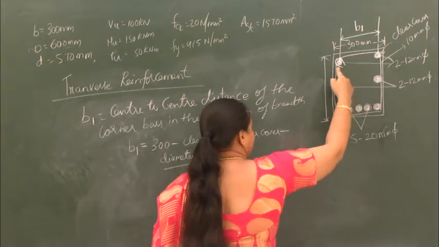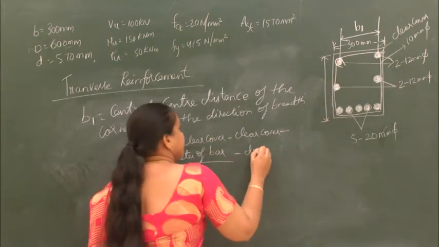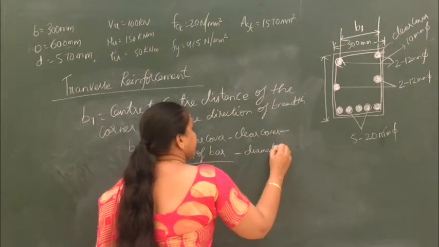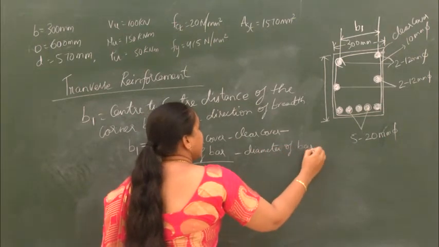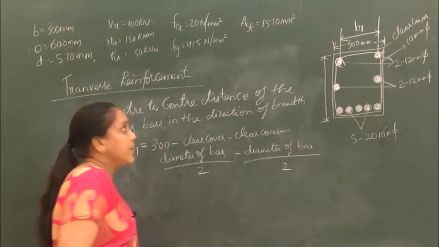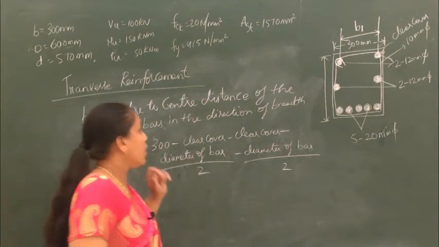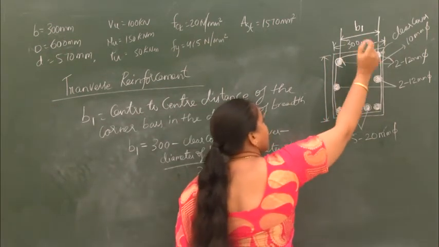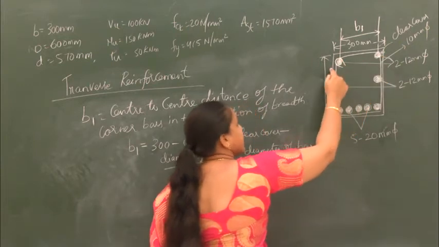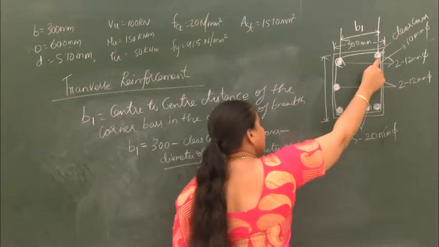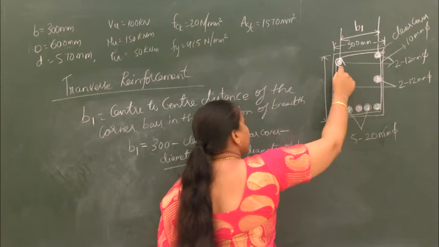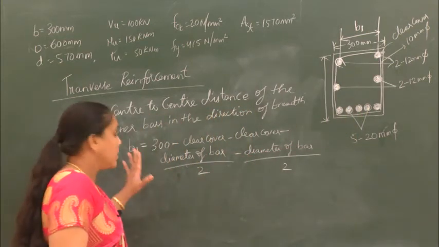And in a similar way, this side also, minus diameter of bar by 2, will give you B1. So the total width minus the clear cover this side and the clear cover this side, minus the dia of the bar by 2 and the dia of the bar by 2, will give you B1.